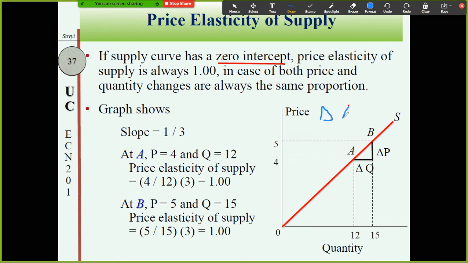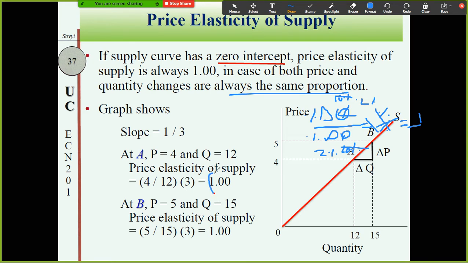Because the change in quantity and the change in price are in the same proportion, so we can divide them and it equals 1, always. If the price changes by 10%, for example, quantity also changes by 10%. That's why 10% divided by 10% is 1. If the price changes by 2%, quantity also changes by 2%, equal to 1.